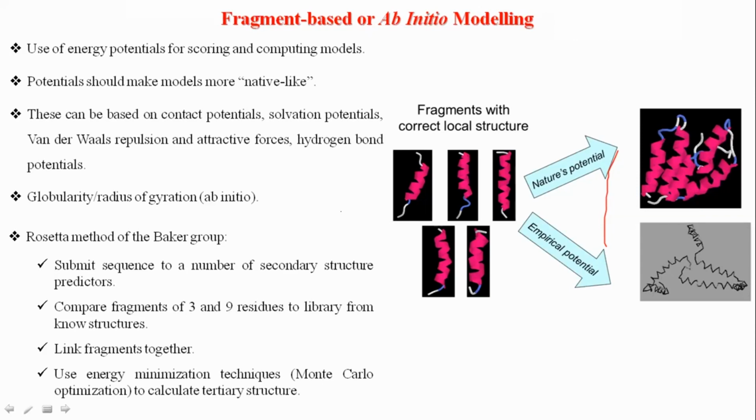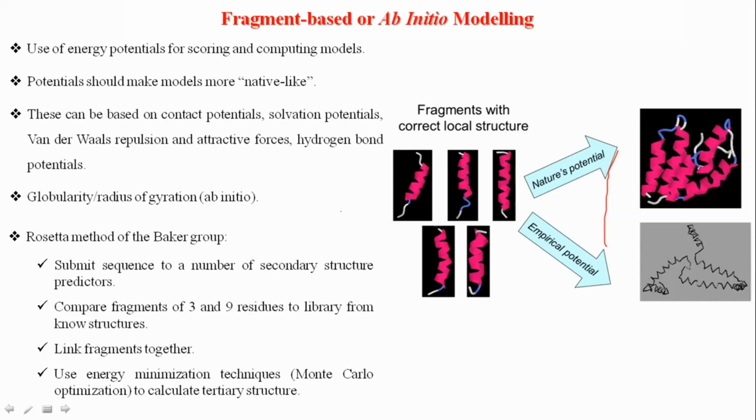For each fragment, individually it is built. After building each fragment, those fragments will be linked together based on the Monte Carlo optimization method, and finally generate the model. This model is like an empirical summation of all fragment models to generate the complete protein model.